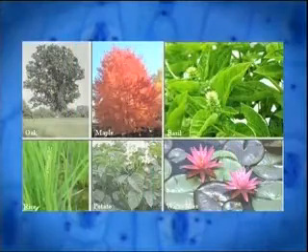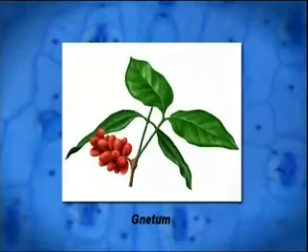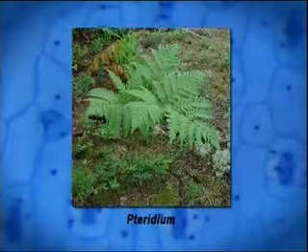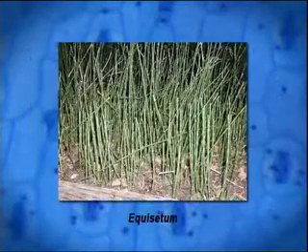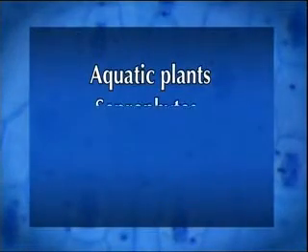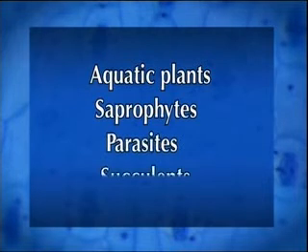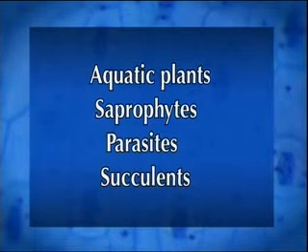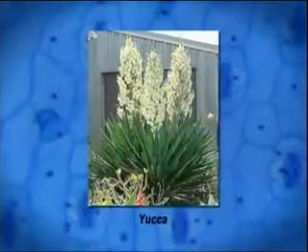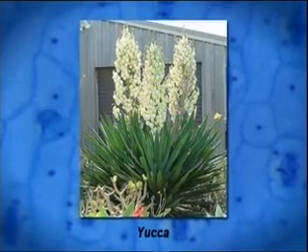Vessels occur in the angiosperms, in Gnetum of gymnosperms and Pteridium, Selaginella and Equisetum of pteridophytes. Many aquatic plants, saprophytes, parasites and succulents are without vessels in their xylem. Some monocotyledons like Yucca also do not have vessels.